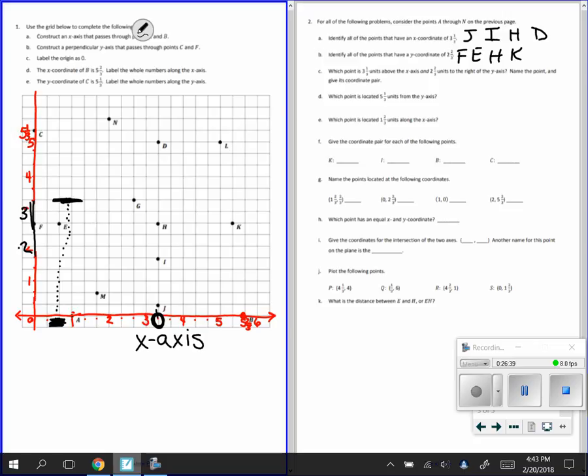And 2 2/3 units to the right of the y-axis. So if I'm here on the y-axis and I need to go 2 2/3 to the right, here I am going up, right there. G.